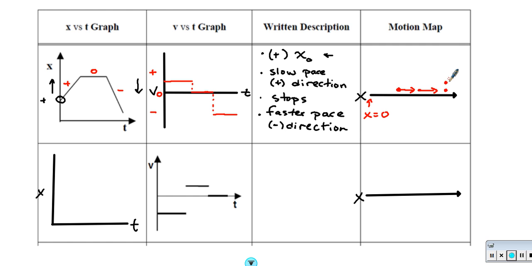So let's say at this next moment it begins to move back towards where it starts, but it's going to be a little bit faster, so our arrows are going to be slightly longer, and you can see that it's taken us past where we started, and that's clear that this position is lower than where it initially started. So that's our motion map.